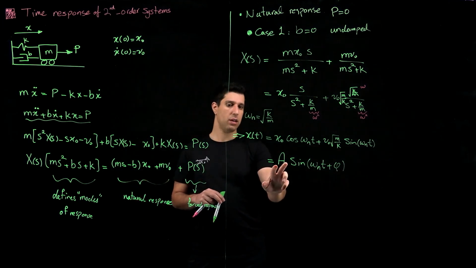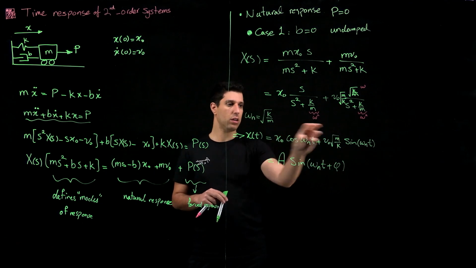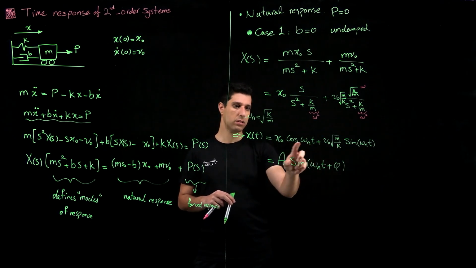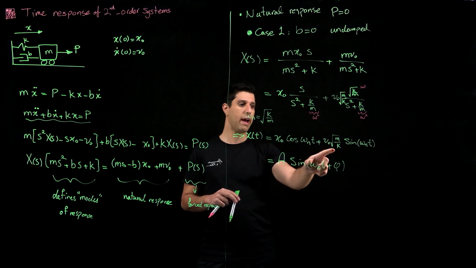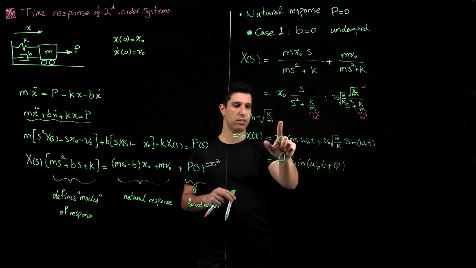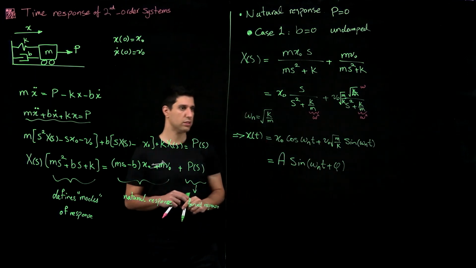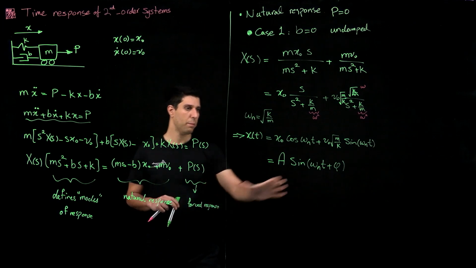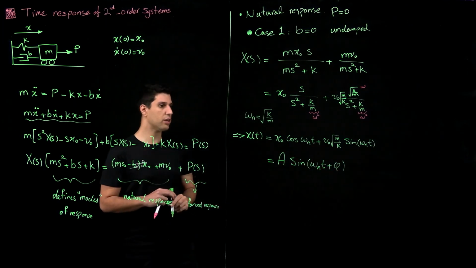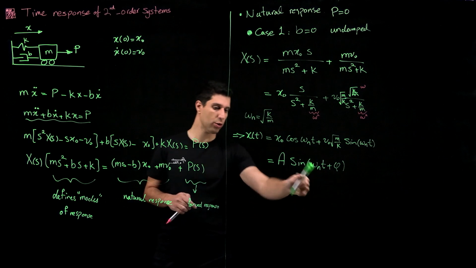And this constant A depends on these two factors. Phi depends, again, I think it's the tan inverse of this over that, something like that. But it's a sinusoid in the end with a frequency omega n.